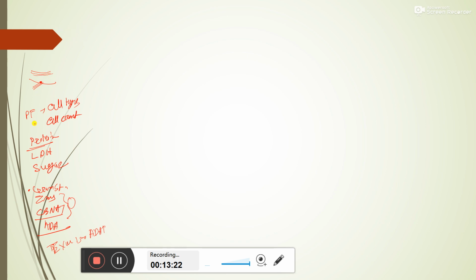And along with pleural fluid, we will also send blood LDH level and serum protein level, because here we also need to compare.